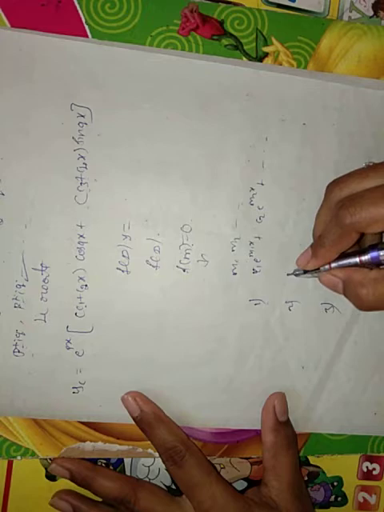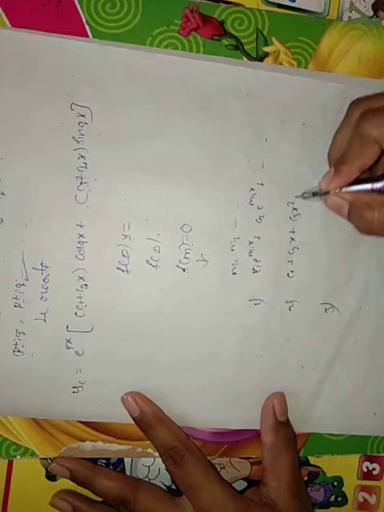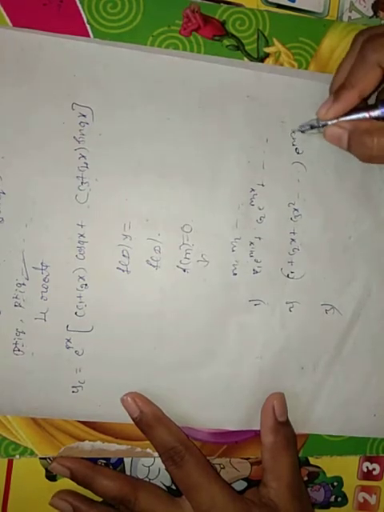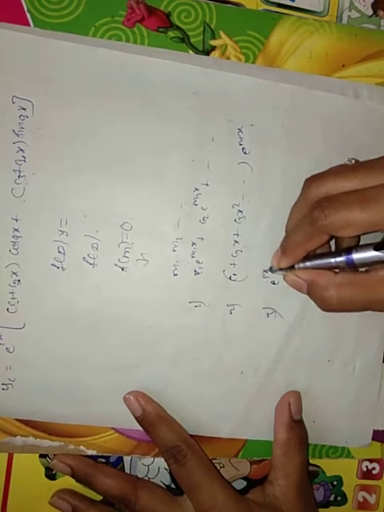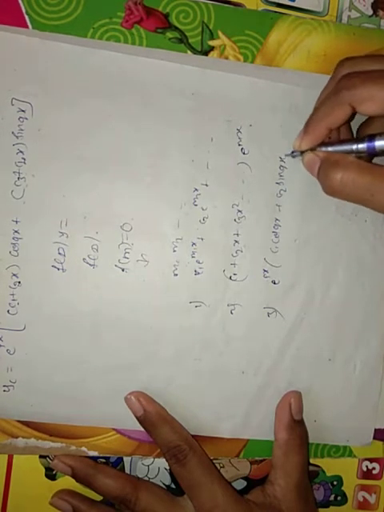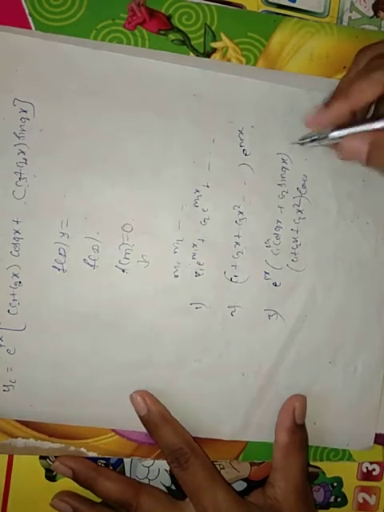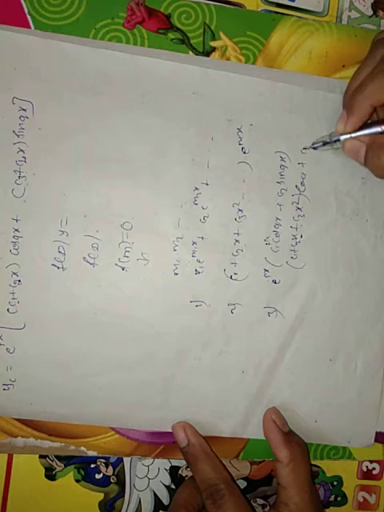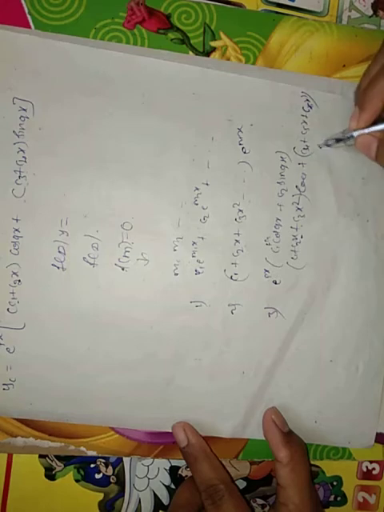When the roots are repeated, it is (c1 + c2x + c3x² + ...) e^(mx). When the roots are complex, it is e^(px)(c1 cos qx + c2 sin qx). If the roots are repeated, add c1 plus c2x. Suppose three roots are repeated, then c3x² into cos qx. If c1, c2, c3 are used, then use c4 plus c5x plus c6x² into sin qx.